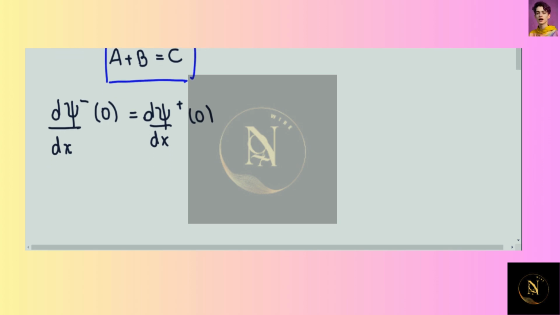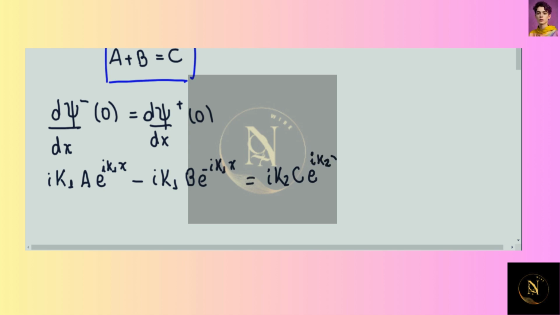So we have that the derivative of the wave function from the left is equal to i k1 times a times e to the i k1x minus i k1, I'm sorry, b times e to the minus i k1x, and this is equal to i k2 c e to the i k2x.